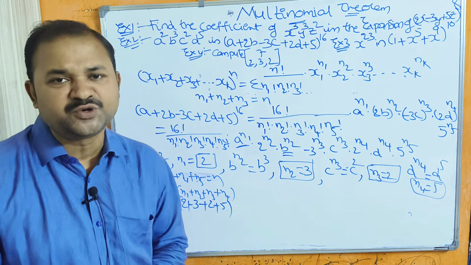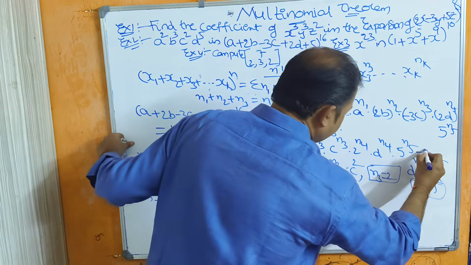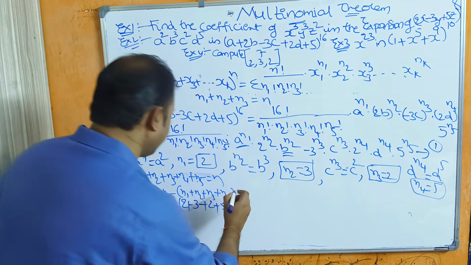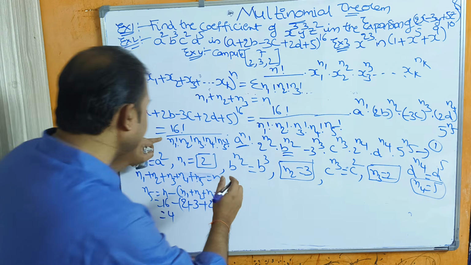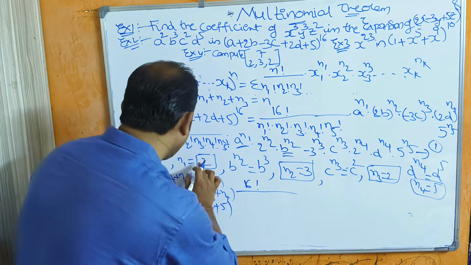Now we need to substitute n1, n2, n3, n4, n5 in this equation, equation number 1. So after substituting, we will get 16 factorial by, so what is n1? 2.